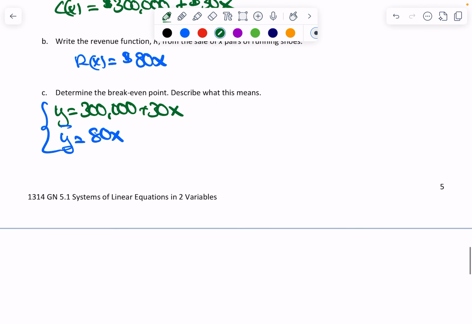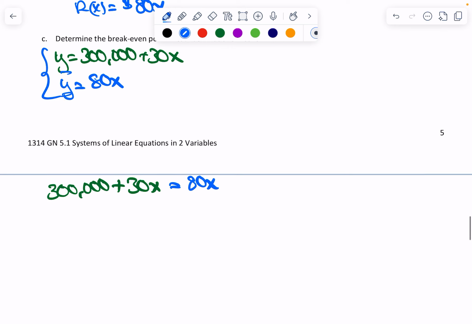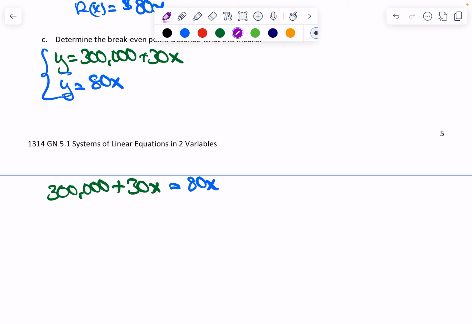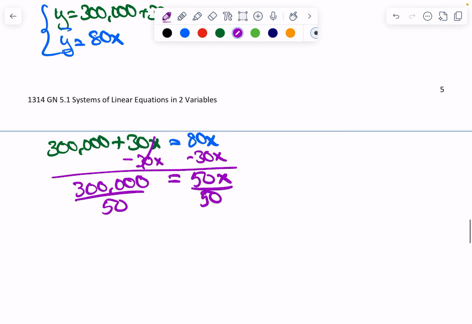So we can do 300,000 plus 30x equals 80x. Now we're going to move the 30x to the right side. We get 300,000 equals 50x. We're dividing by 50 on both sides, and we get 6,000 equals x.